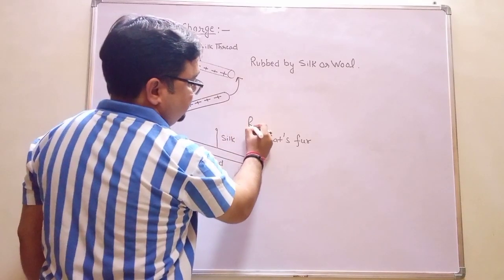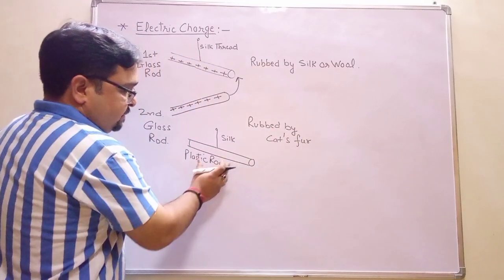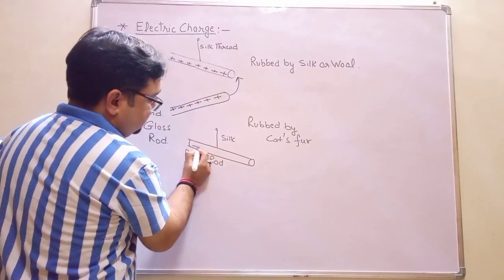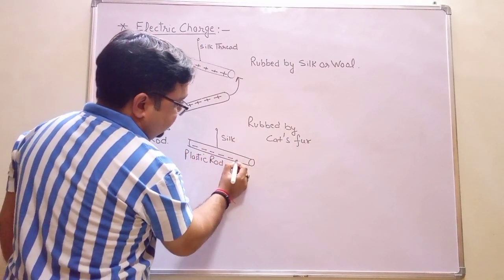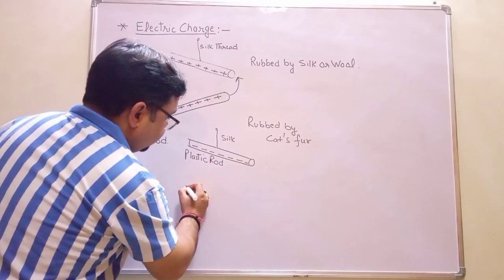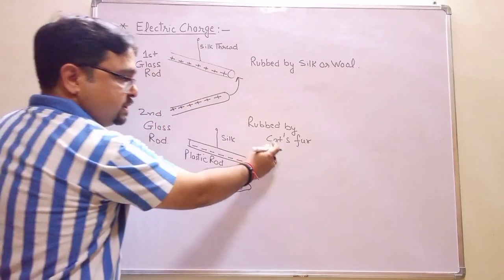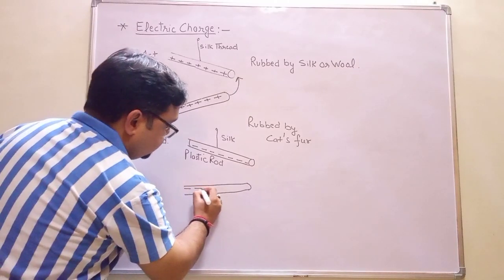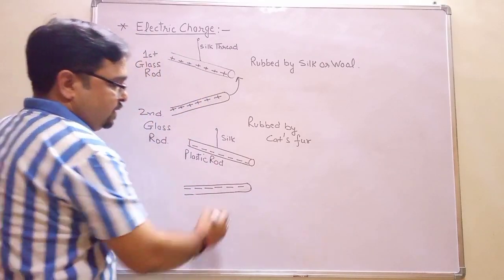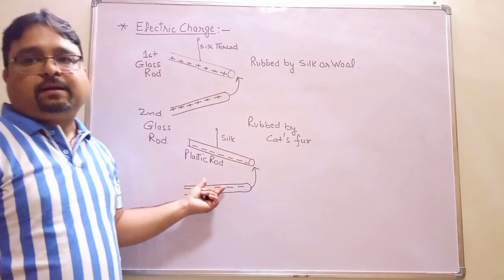When we rub this with the cat's fur, we will see that a negative charge appears on the surface of the plastic rod. And if we bring another plastic rod rubbed by the same cat's fur near to this first rod, then again the same thing will be repeated. These two rods will repel each other.